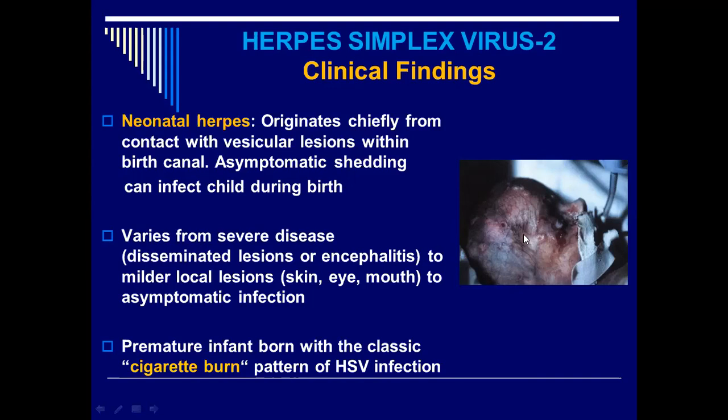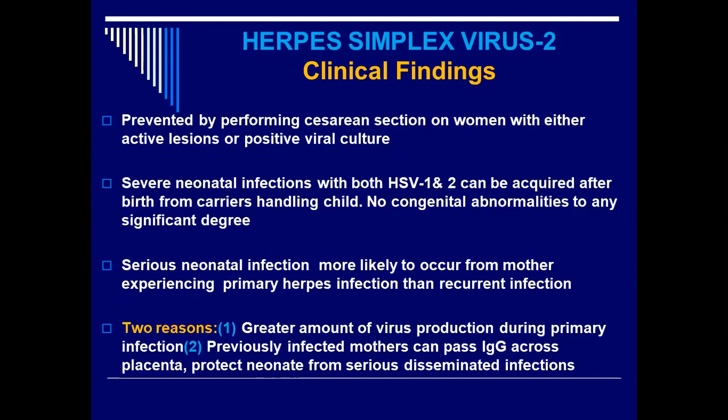This is very much a pattern of HSV1 infection. So the newly born baby who has been delivered by a mother who has frank lesions in the reproductive tract, or has shed of virus in the reproductive tract, gets the infection, and you can see sometimes these cigarette burn lesions, which are characteristic of HSV2 infection.